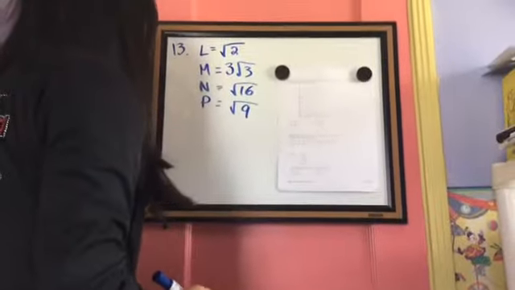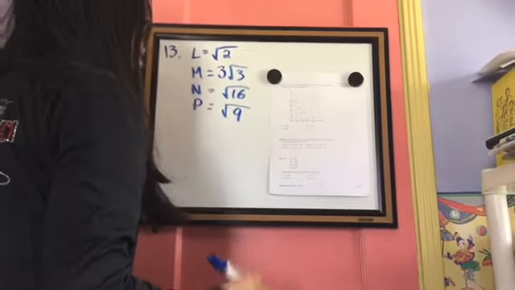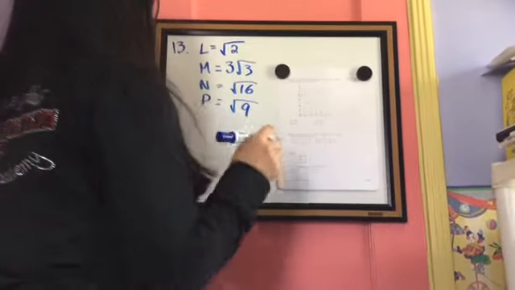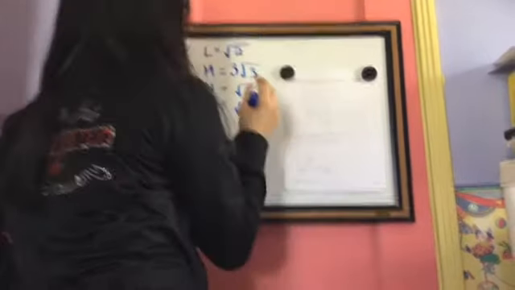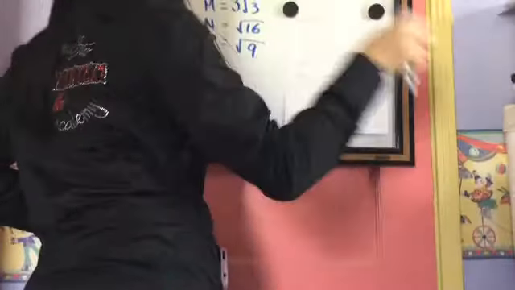Number 13 asks, which expression results in a rational number? So we know rational means ending. The square root of 2 is not an ending number.